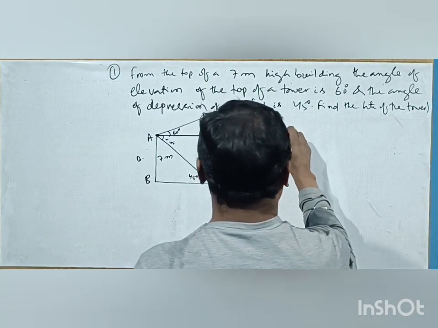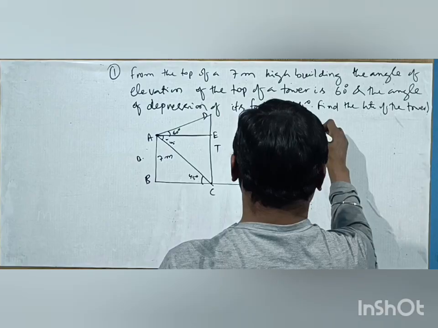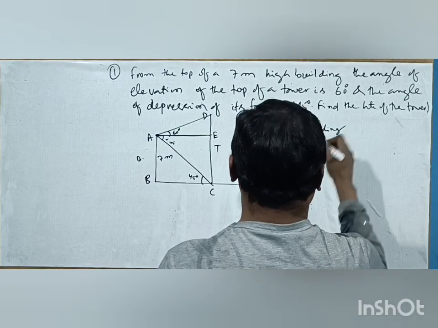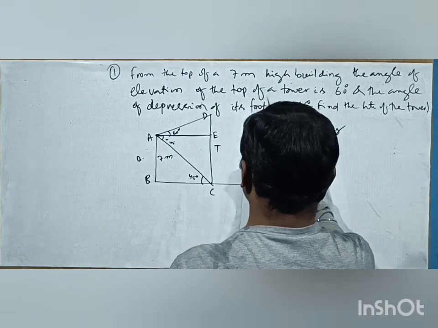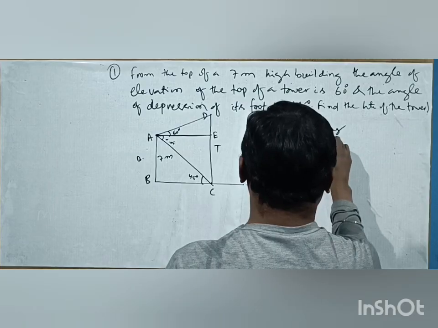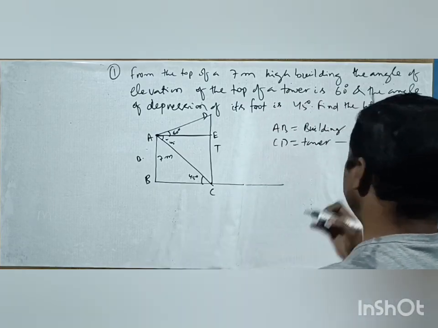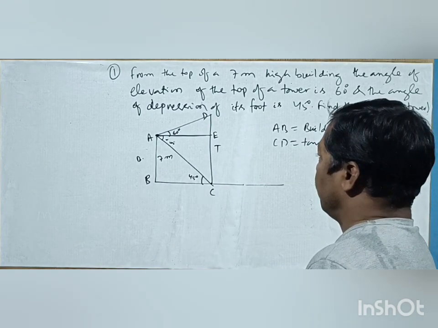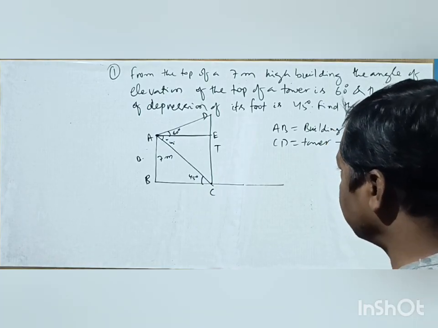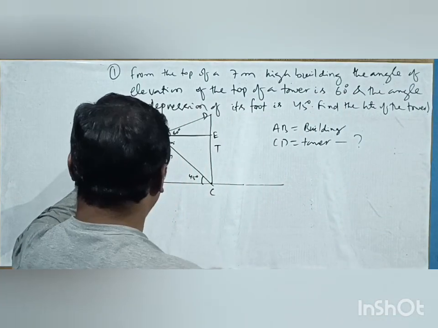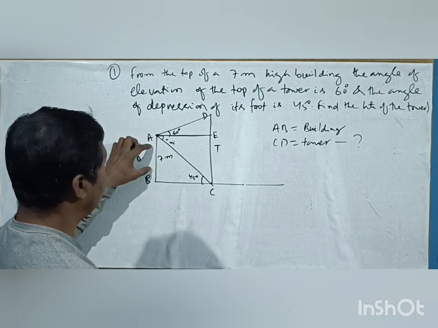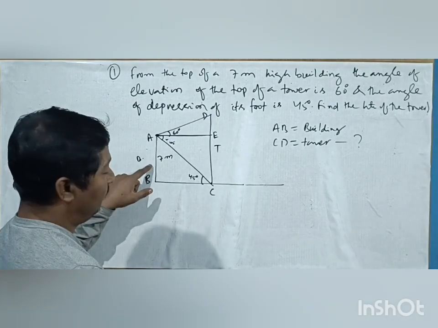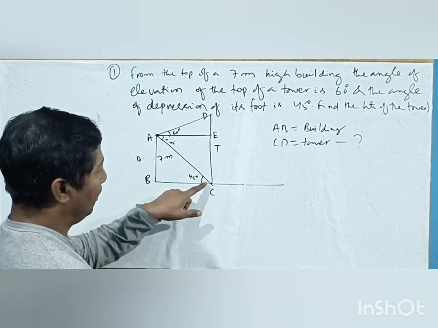AB is the building according to my diagram and CD is the tower. So what to do here? I can calculate this one because I have this side length and this angle is given.